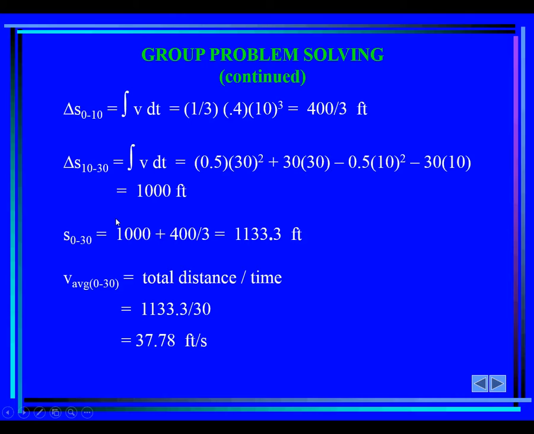And then between 0 and 30, you have the position. This would be 1000 plus 400 divided by 3, 1133 feet.